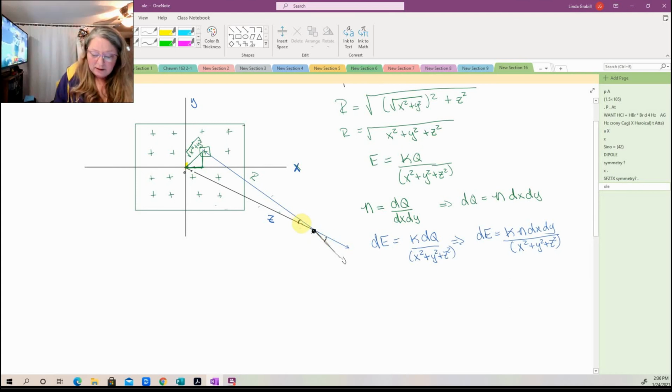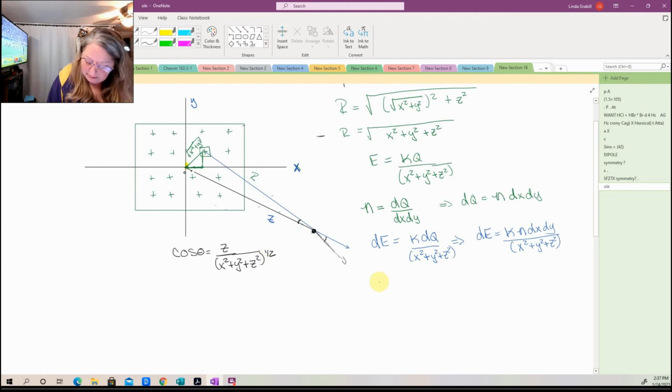And so my z component is going to be touching the z side, so I'm going to have cosine of theta equals adjacent z over my hypotenuse. Well, I've defined my hypotenuse already in terms of my r. So we'll write it as x squared plus y squared plus z squared, to the 1/2.